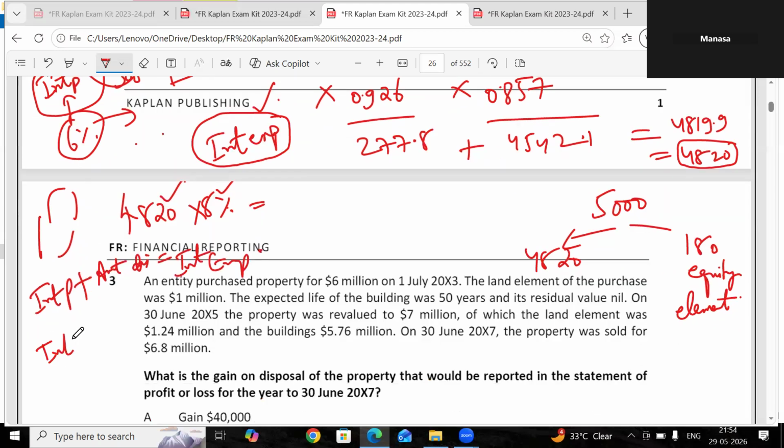Interest payment minus amortization of premium will be interest expense, because extra money has already been paid for the bond, which has to be reduced. So we get these two figures. Are you understanding? But right now, you don't need to go for all this. You only understand that this is my liability and this is my effective rate of interest, and I calculate interest expense on the effective rate of interest. Yes or no?